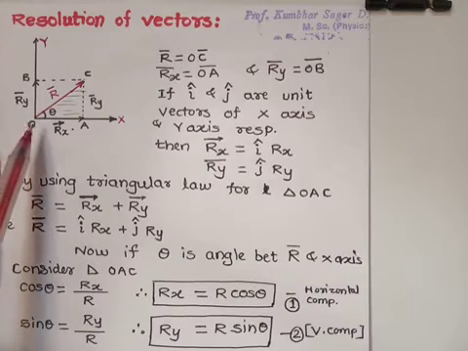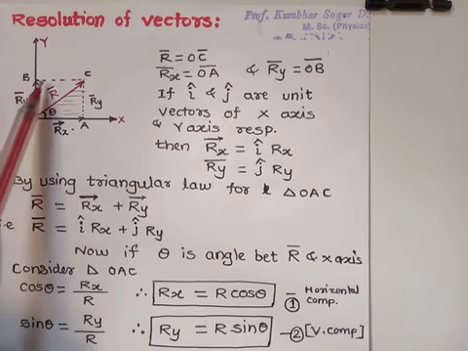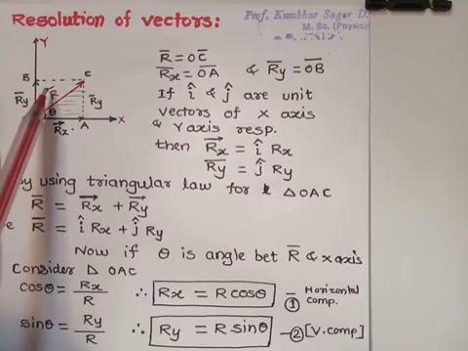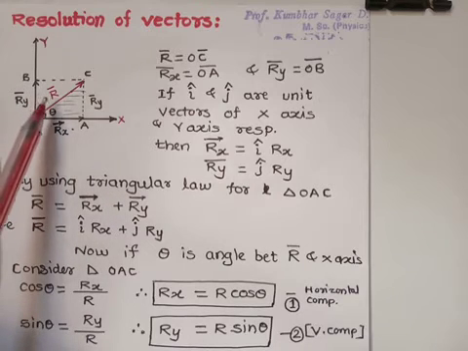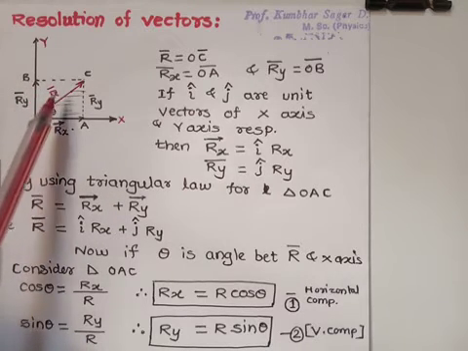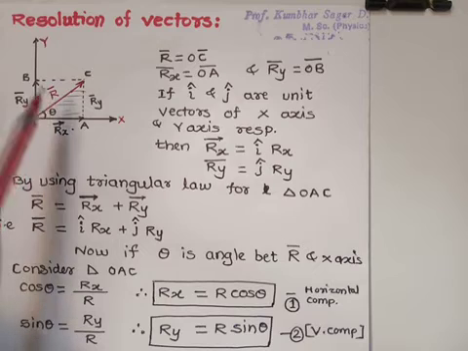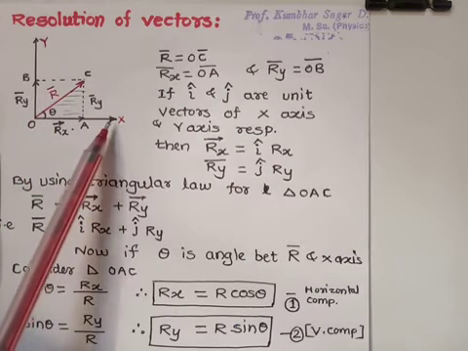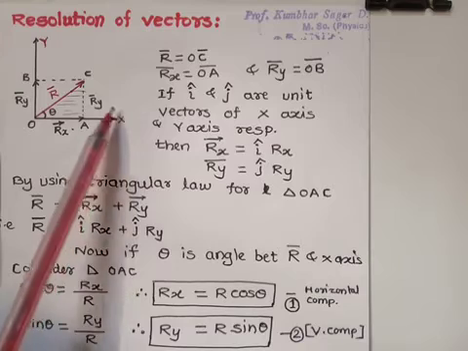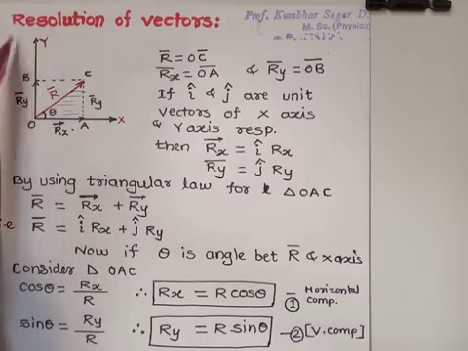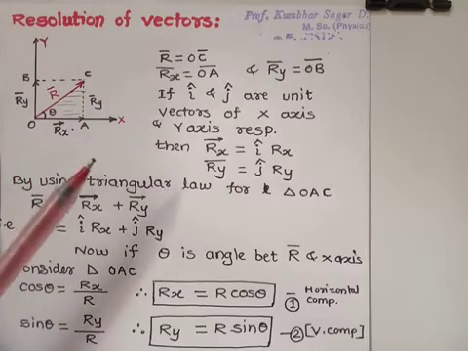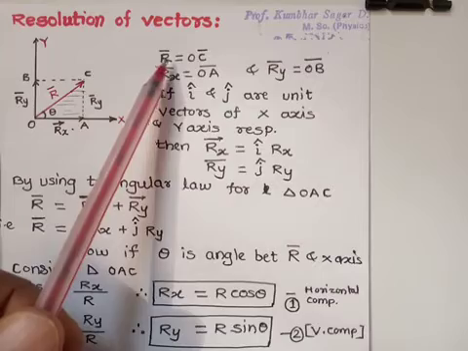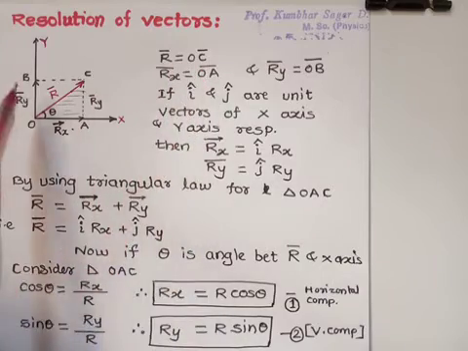We want to find the rectangular components of r bar in two dimensions, meaning we find the resolution of one vector into two components: the first along the x-axis and the second along the y-axis. Consider r bar equals OC bar, as shown in this diagram.